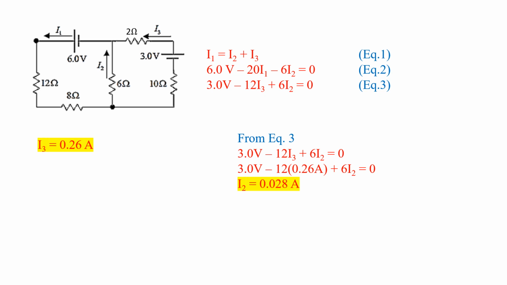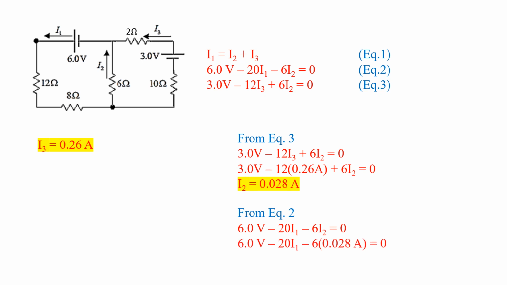From equation 2, I can use the value of I2 to solve for I1. So you have equation 2 that's equal to 6 volts minus 20 I1 minus 6 I2. Using 0.028 amperes for your I2, we can solve for I1.